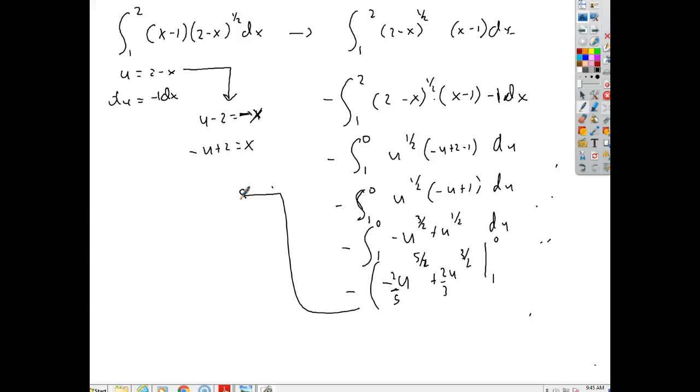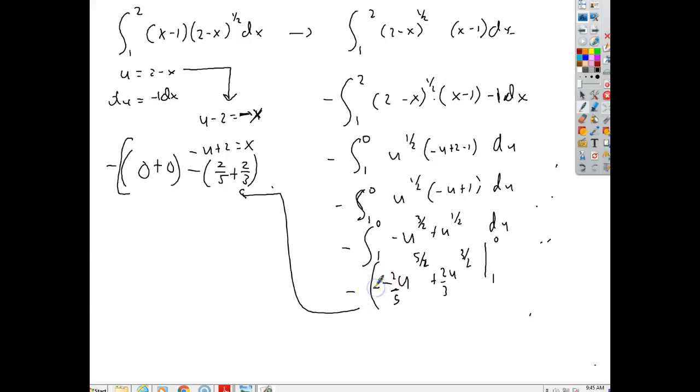Plug in a 0. 0 plus 0 minus. Plug in a 1. Isn't there a minus on that 2/5? Is there a minus on 2/5? No, there isn't. Yes, there is. That should be a minus.